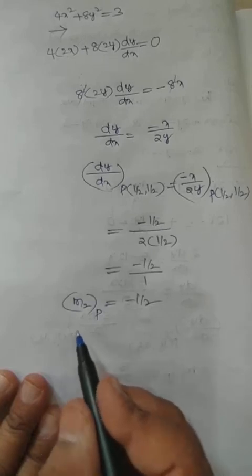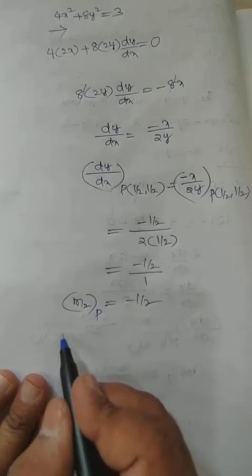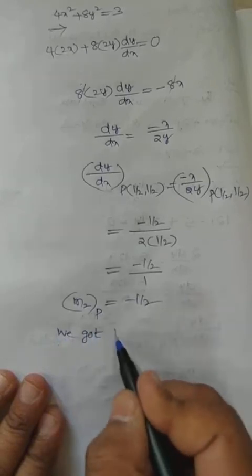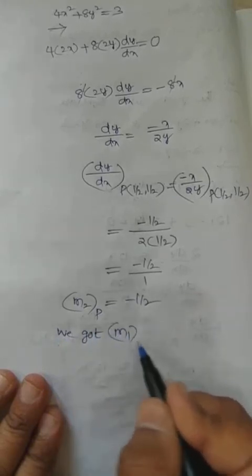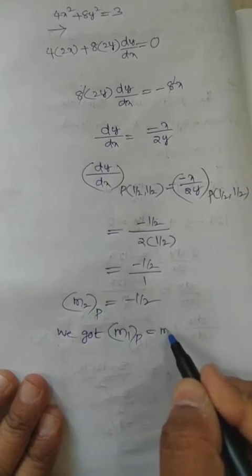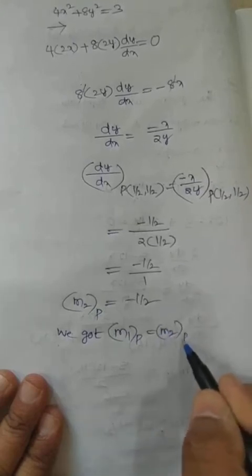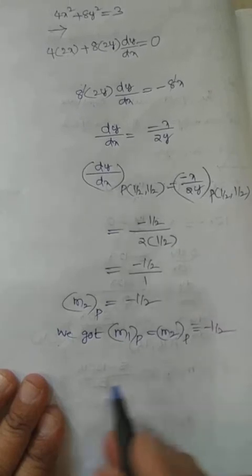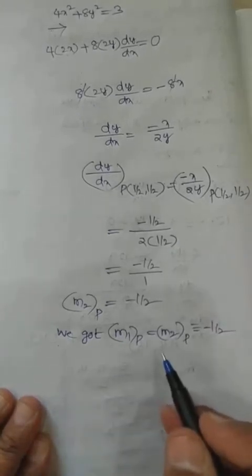Now observe m1 at P and m2 at P. We got m1 at P equal to m2 at P, both equal to minus 1 by 2. Therefore we got our conclusion.